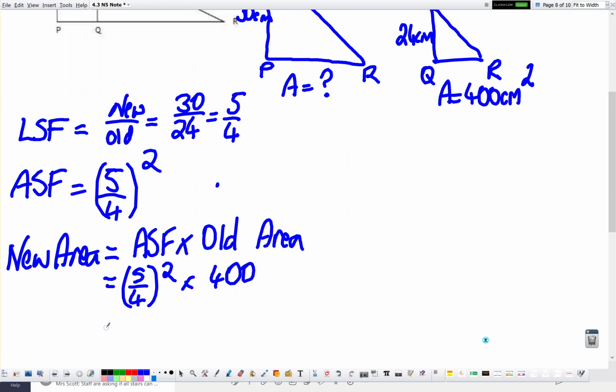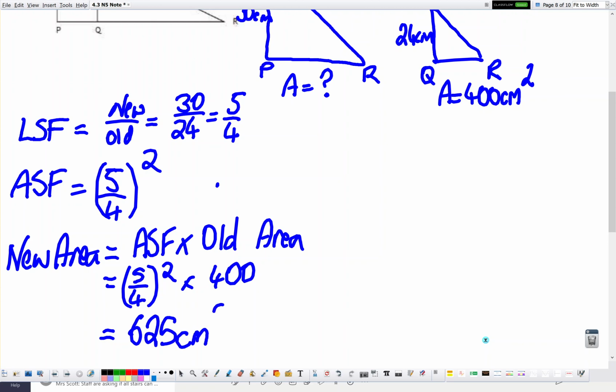Now get to your calculator, please, and give me an answer for that. You will need to use brackets: bracket 5 divided by 4, close bracket, squared. Make sure the square is outside the bracket, and then times by 400. And the answer is 625 centimetres squared.